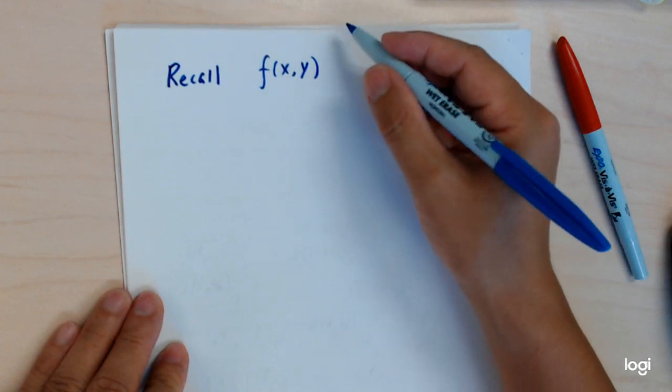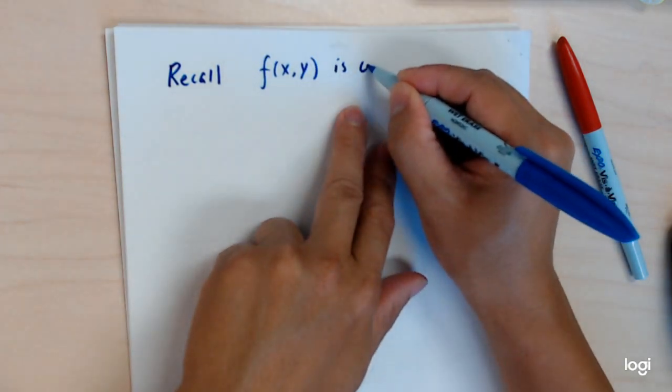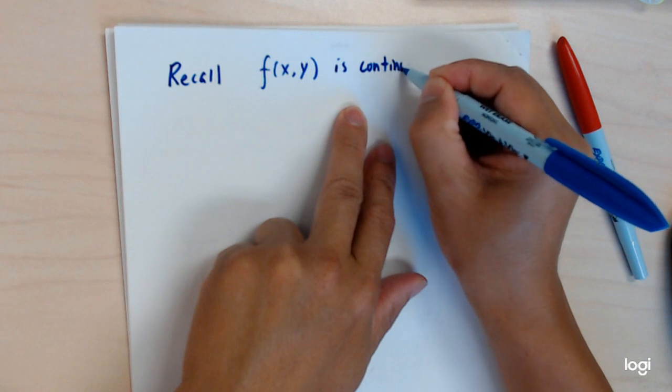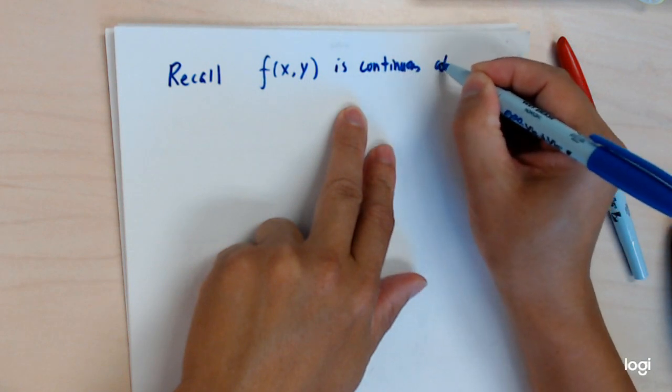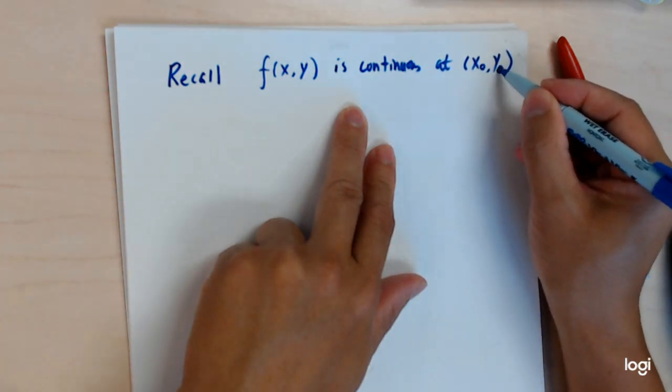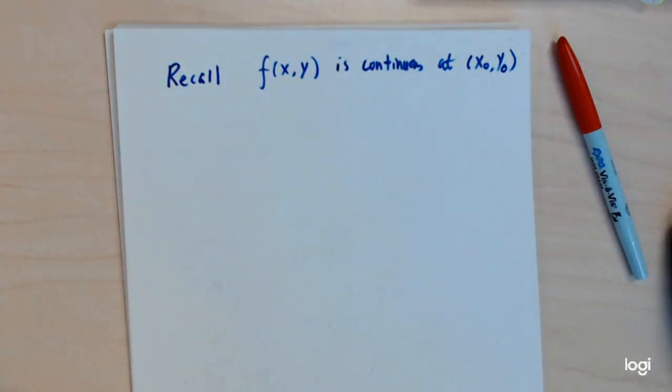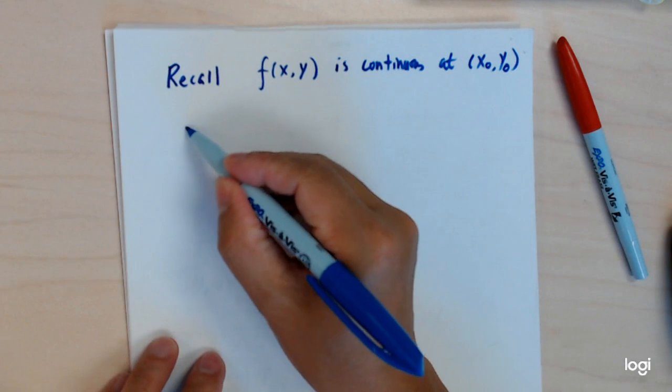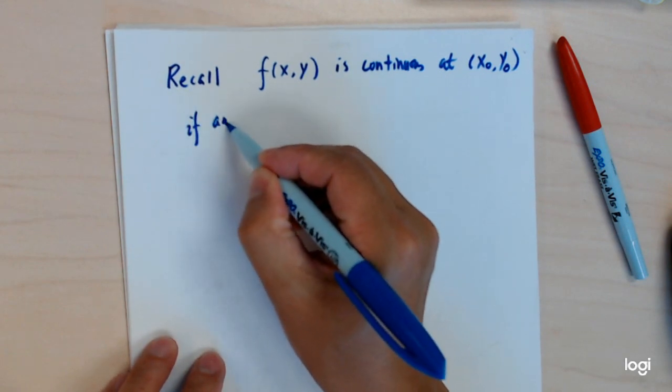Function of two variables. Continuous at a single point means the following.